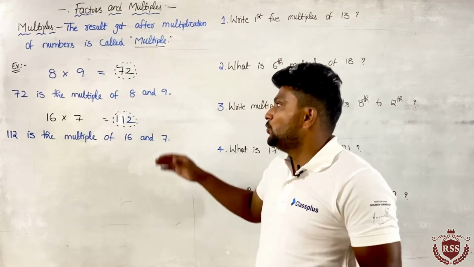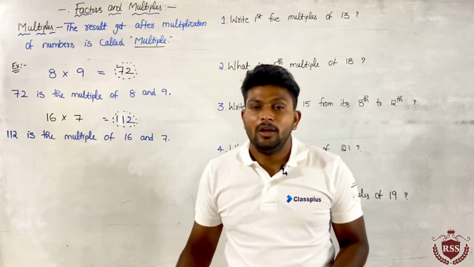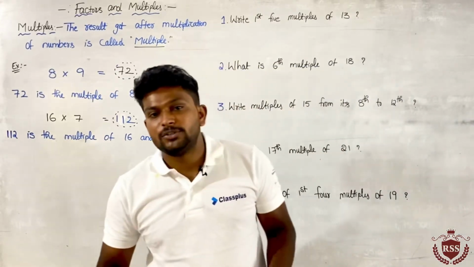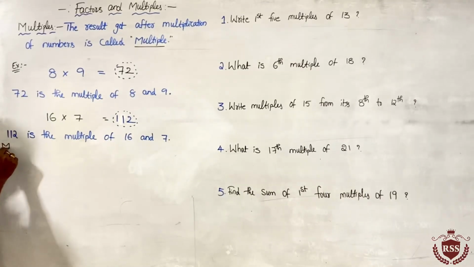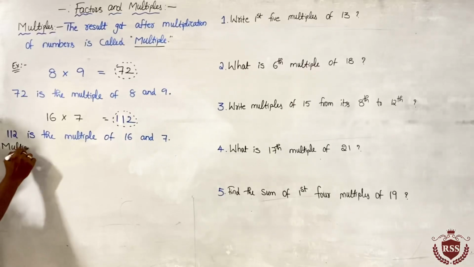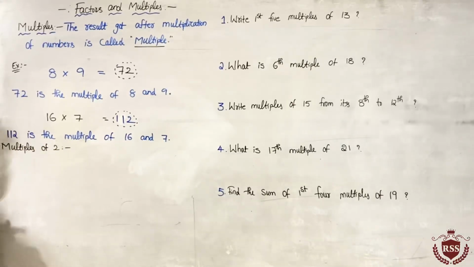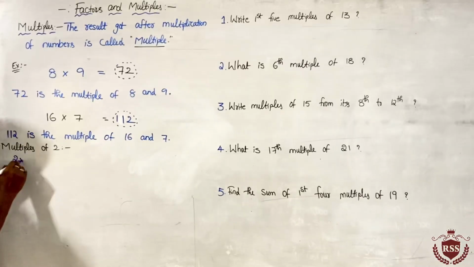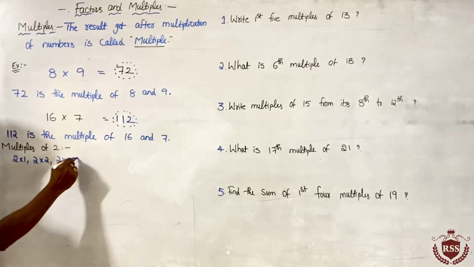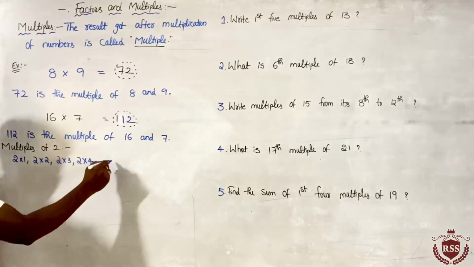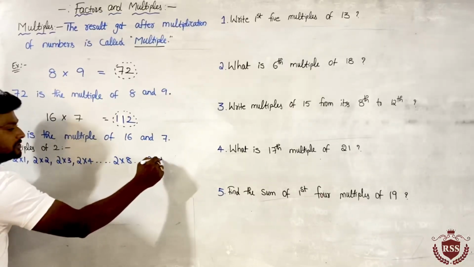If you need to write the multiples for the given number, we have to multiply with the natural numbers, simply tables. For example, write multiples of 2. We have to write like 2 into 1, 2 into 2, 2 into 3, 2 into 4 and so on, 2 into 8 and so on, 2 into 16 and so on.